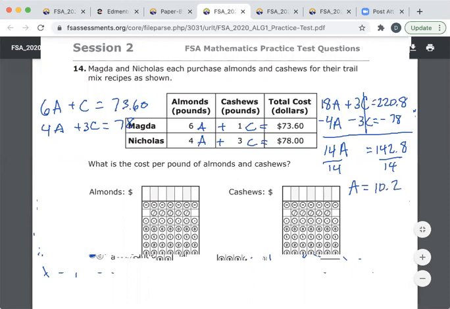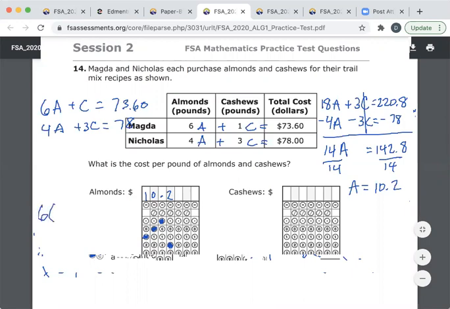Okay, so I can put that in to my little bubble thing over here, 10.2. Now that I know the price of almonds, I can plug that in and get the price of cashews. I could plug it into either formula. I'm just going to plug it into the first one.